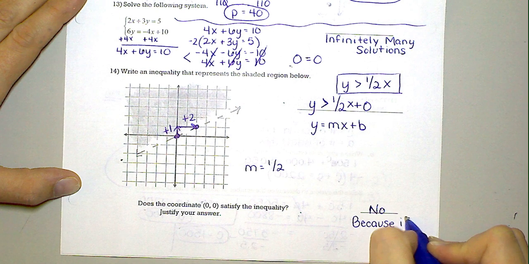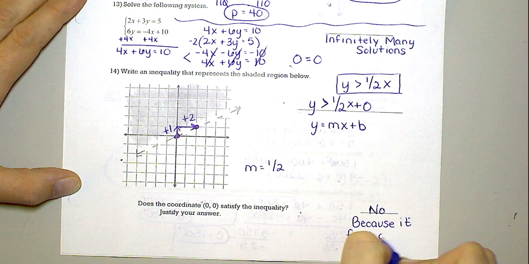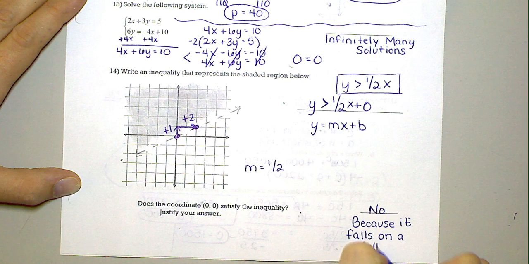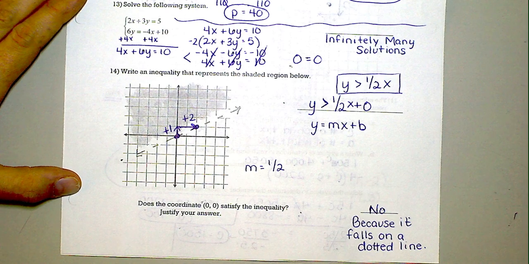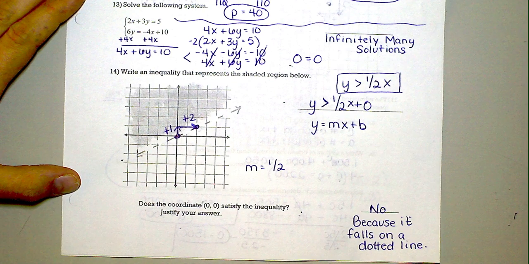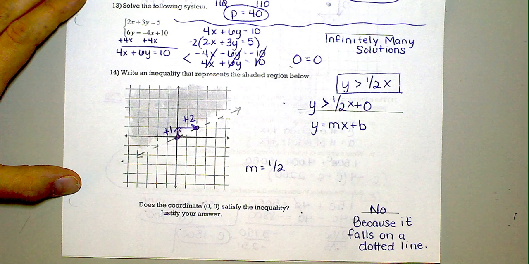It falls on a dotted line. And remember, dotted lines are not included in the solution. Okay. If I'd given you this exact same problem with a solid line drawn there, the answer would be yes. Okay, so just make sure to sort that out in your brain.